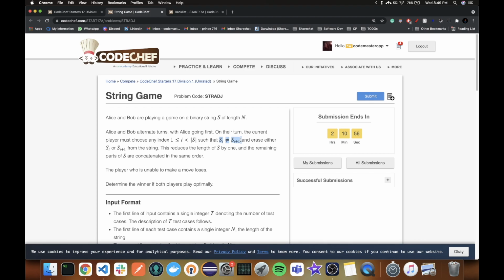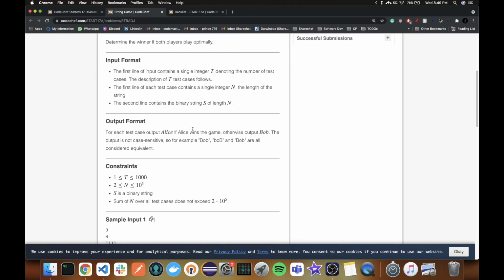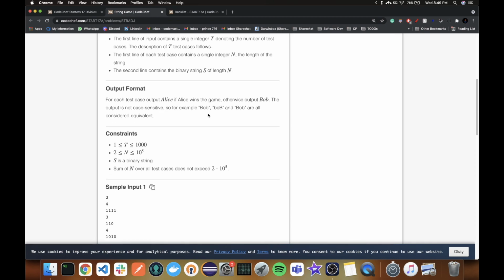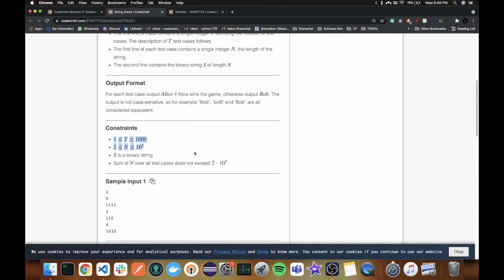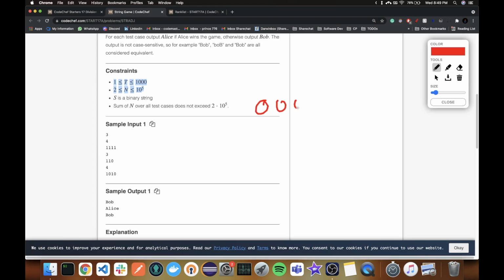This reduces the length of S by 1. The player who is unable to make a move loses. Determine the winner if both play optimally. Okay. So a binary string is like something like this, I guess, right?